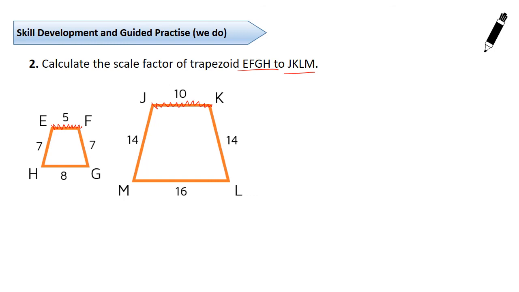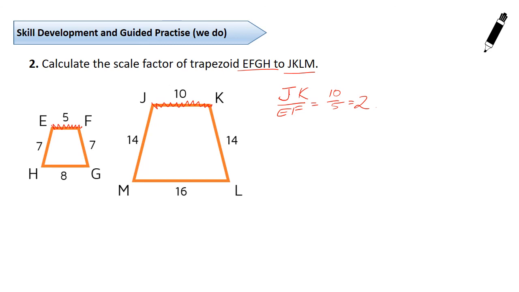And what we would do is, again, JK divided by EF is equal to 10 divided by 5, which is equal to 2. So that is how you follow the rules, and that is how we blindly think about it.